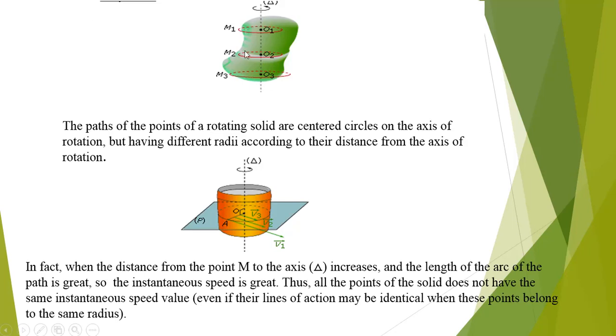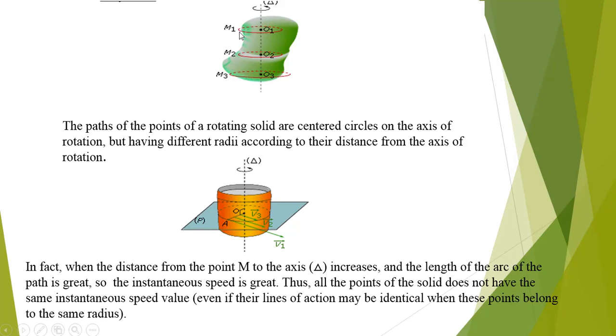If we take in consideration this solid of irregular form in rotation around a fixed axis delta, and we take on this solid 3 points, for example M1, M2 and M3.